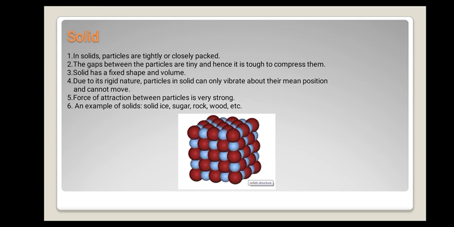So in that fourth point, particles can only vibrate in a metal or in a solid. They are not allowed to move like liquids. Liquid can flow but solid cannot flow. That's why solids are only able to vibrate on their mean position.